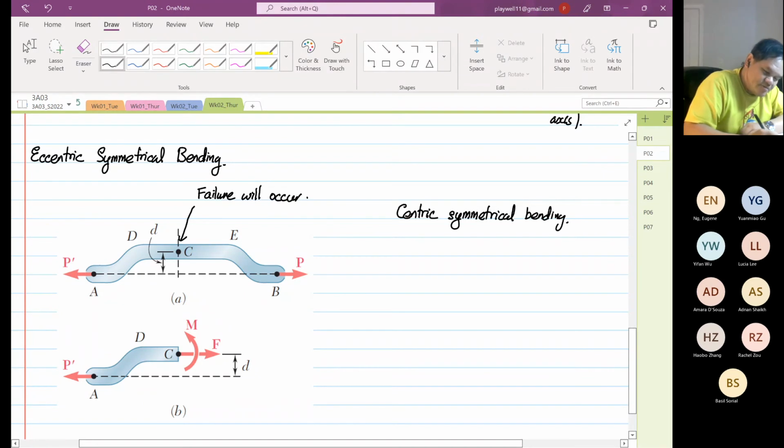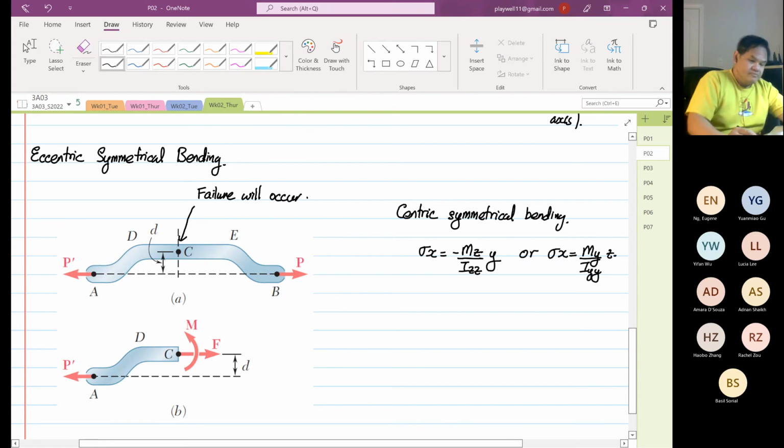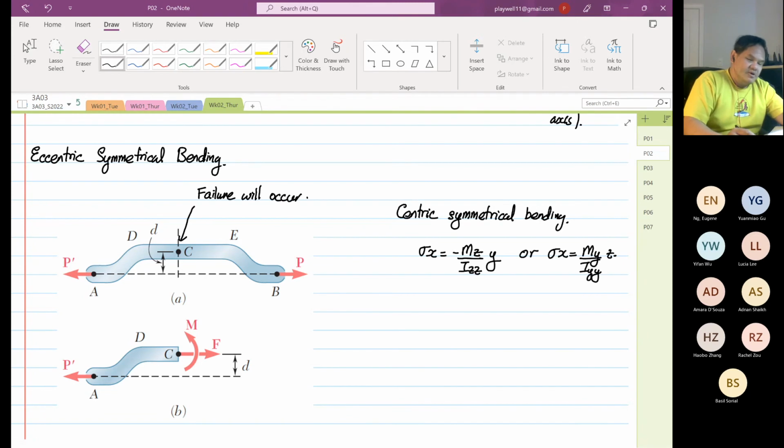So stress X is equal to minus Mz over Izz multiplied by y, or stress X is equal to My over Iyy multiplied by z, okay, because it's symmetrical.